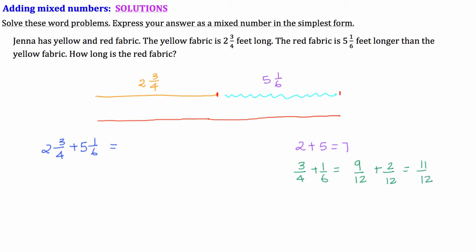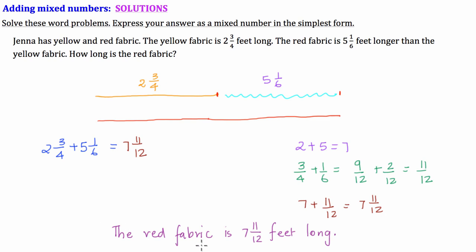And the last step is to add the wholes plus 11/12, and that is equal to 7 and 11/12. So 2 and 3/4 plus 5 and 1/6 equals 7 and 11/12. So the answer sentence for this problem would be the red fabric is 7 and 11/12 feet long.